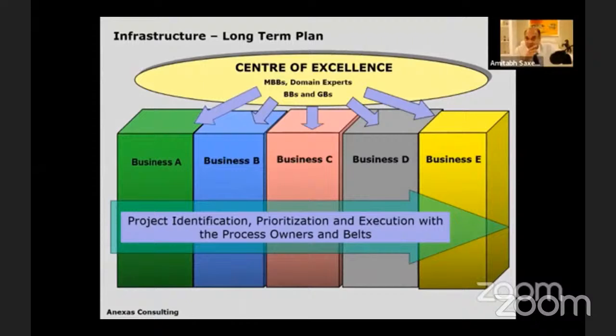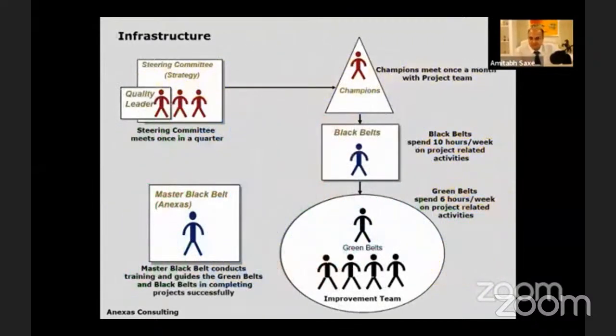So here, you select the improvement projects in different departments, and generally you create a steering committee for implementing Six Sigma, comprising senior managers. Then usually you do champions training.